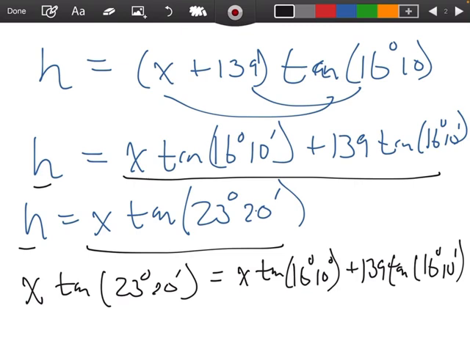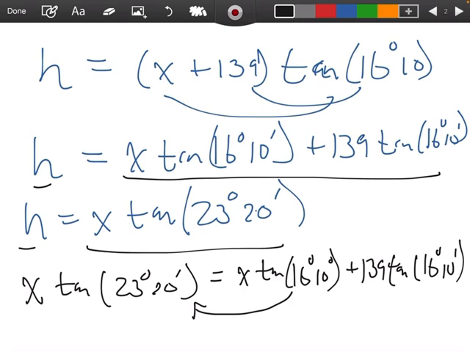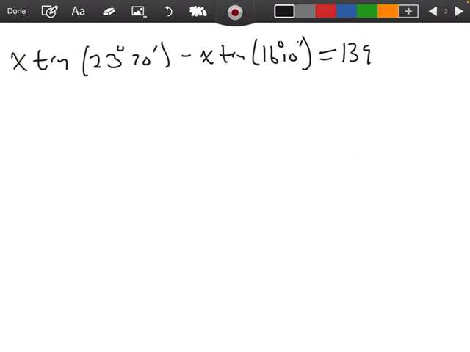Okay, what I'm going to do, y'all, is bring this guy this way. So we have x tangent 23 degrees 20 minutes minus x tangent of 16 degrees 10 minutes is equal to 139 tangent 16 degrees 10 minutes, right? Now I'm going to factor out my x.